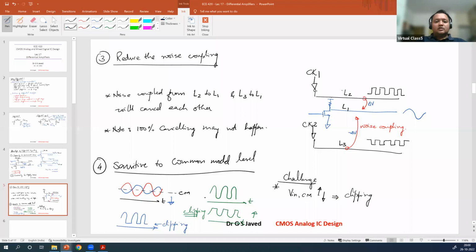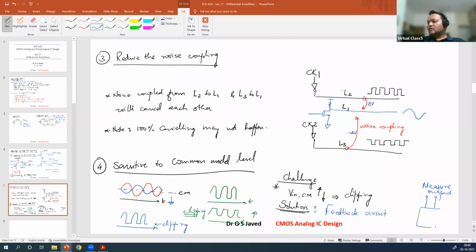So what do you do? What is the solution? The solution is you add a feedback circuit, such that you measure the output values.